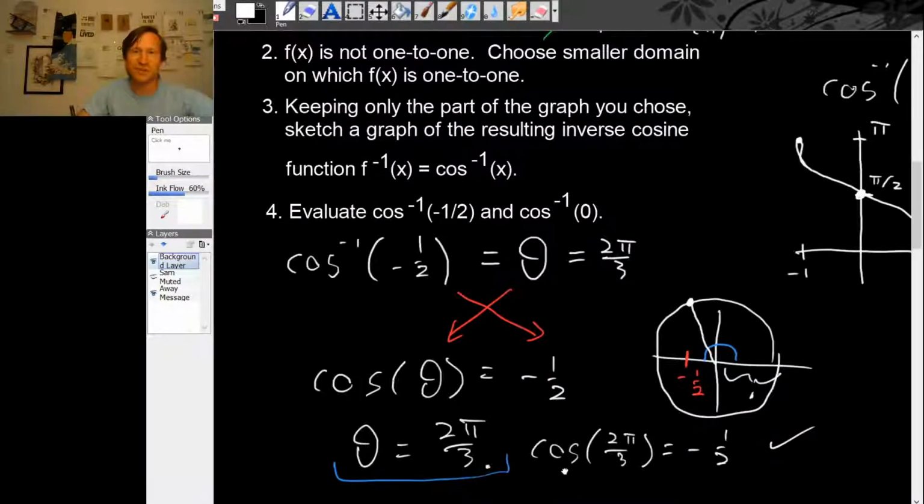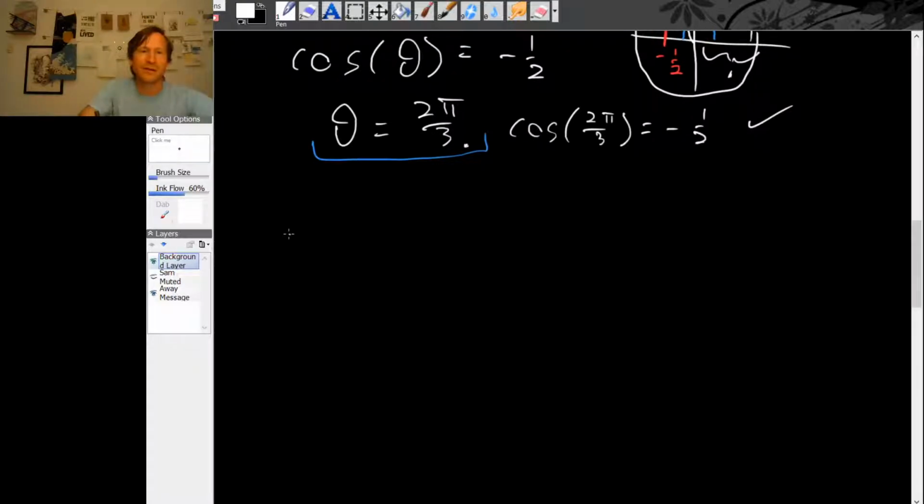Okay, now let's do inverse cosine of 0. Can you think of an angle in the top semicircle whose cosine is 0? You're right, it's pi over 2.